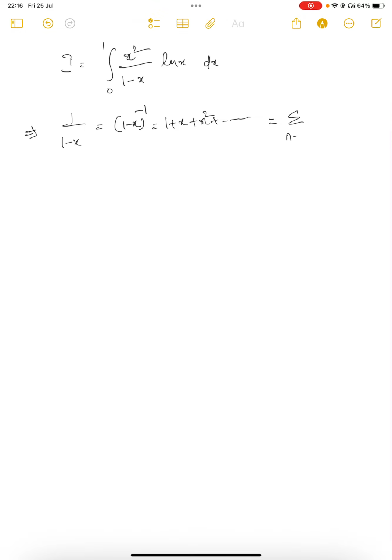Summation n equal to 0 to infinity x power n. Let's substitute this in I. That implies I equal to integral 0 to 1 x square into summation n equal to 0 to infinity x power n ln x dx, right?